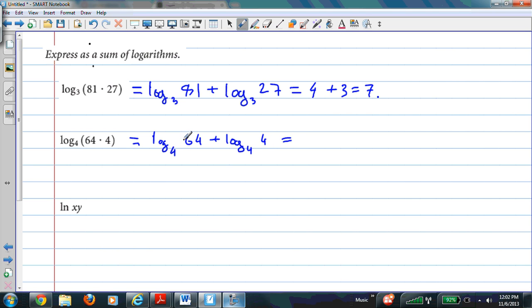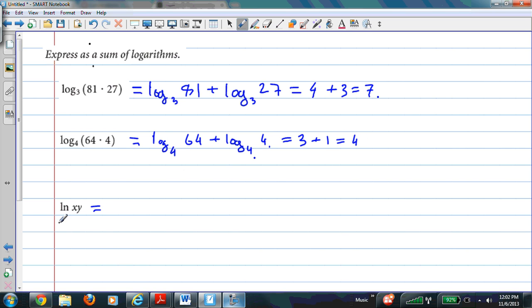We can take this further. 4 to the power 3, I believe, is 64 because 4 squared is 16 times 4 is 64. So log base 4 of 64 equals 3, and log base 4 of 4, to what power we need to raise 4 to get 4? That equals 1. So 3 plus 1 equals 4.